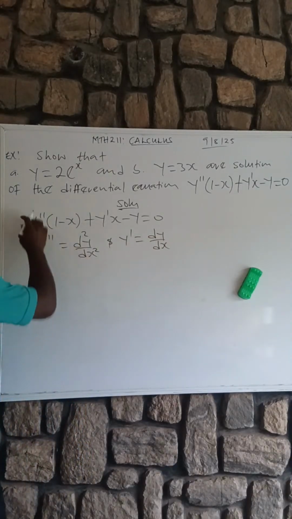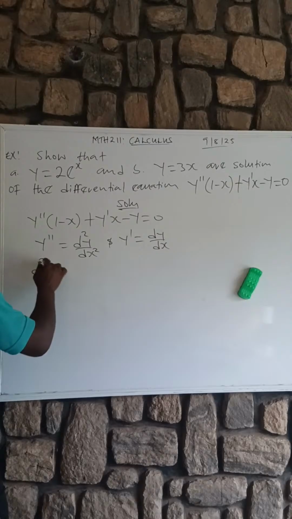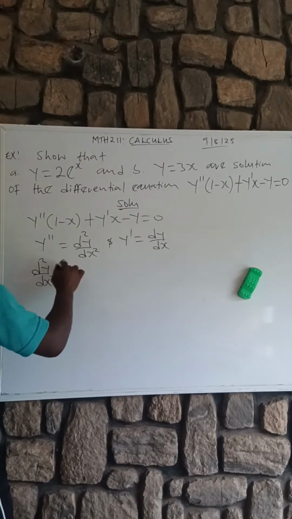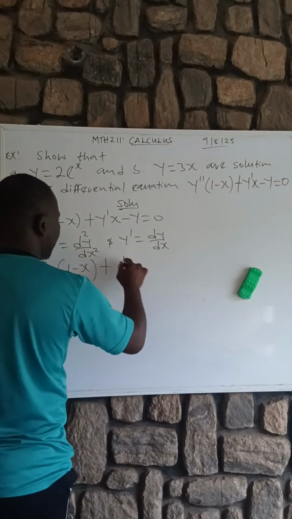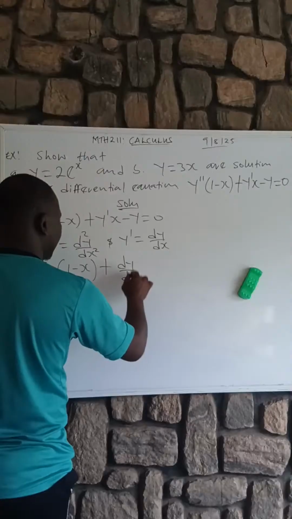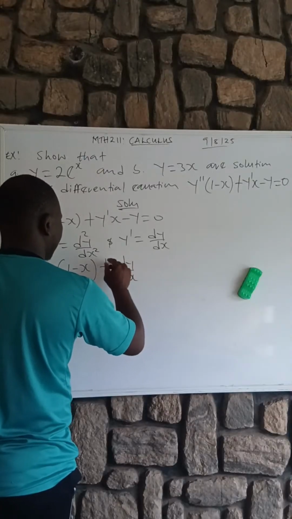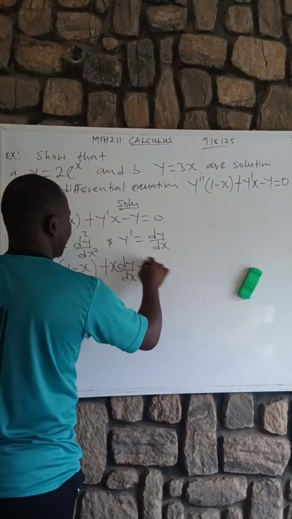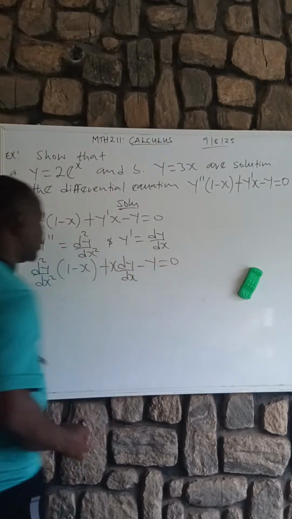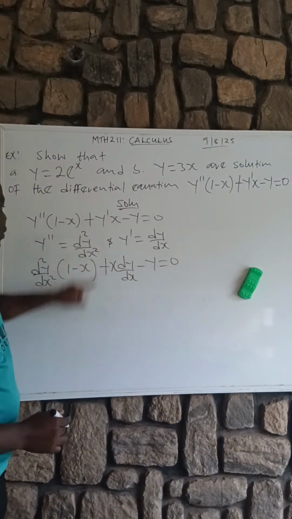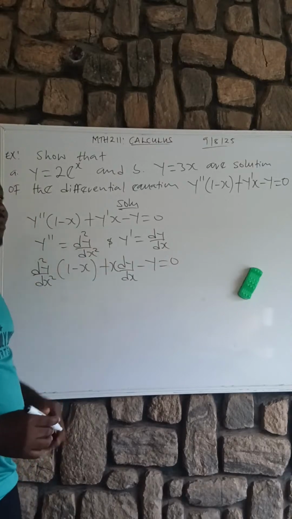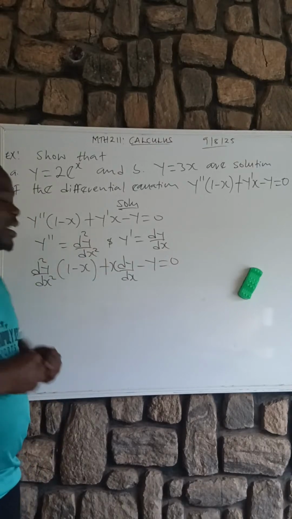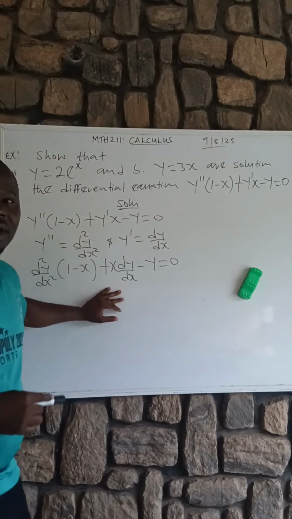So it means this is the same thing as d square y all over dx square (1 minus x) plus dy all over dx times x minus y equals 0. One can transform this equation into this one. They are all the same thing, and will serve the same purpose. Take note. Are you following?